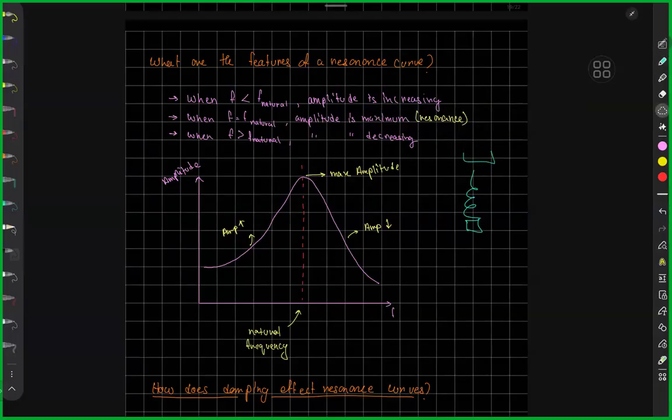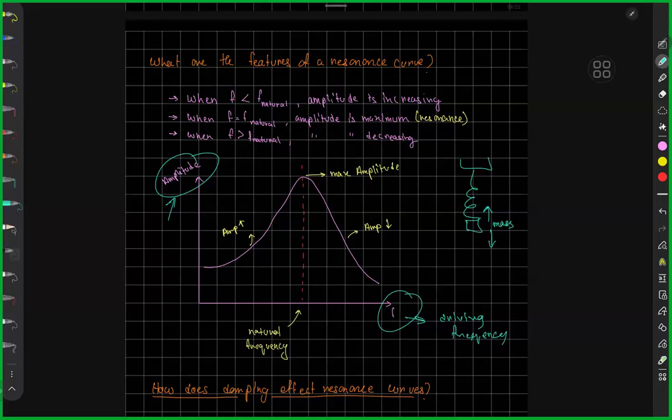On the y-axis, I have the amplitude of the mass, the maximum displacement that the mass will have in the oscillation. And on the x-axis I have what? Driving frequency. Okay, on the x-axis, I have the driving frequency.